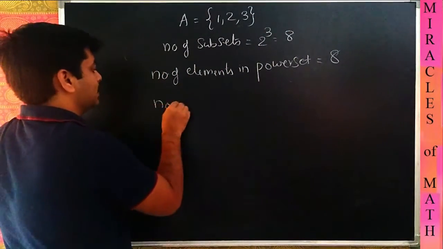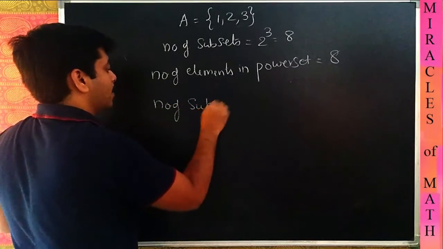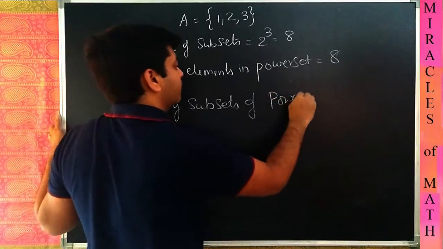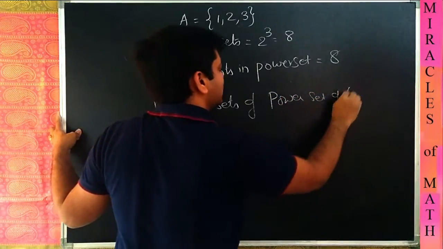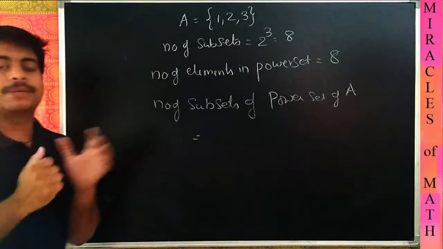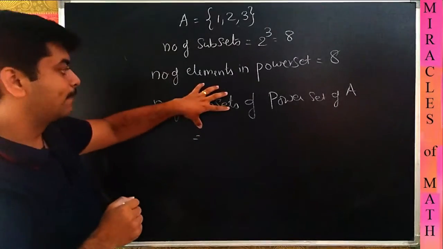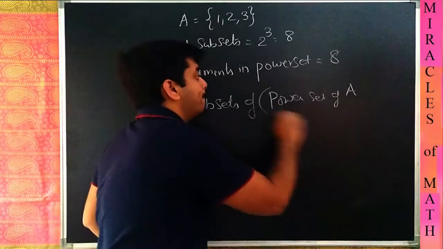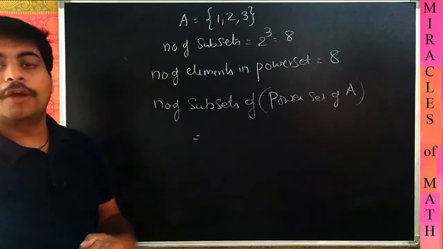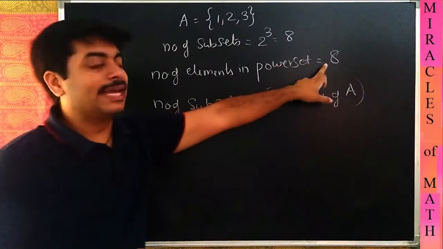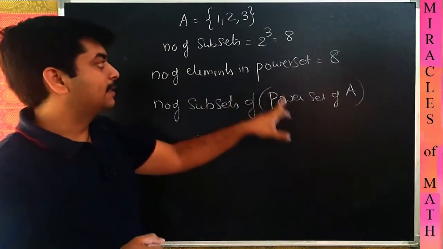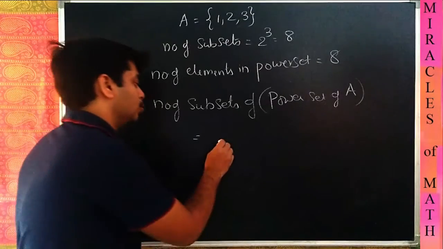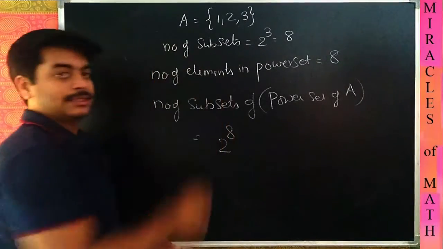Now consider the number of subsets of the power set of the given set A. The number of subsets is actually 2 power m, but how many elements are there? The elements are now the power set of A. How many elements are there in the power set of A? 8. So for those 8 elements, how many subsets are possible? 2 power 8.